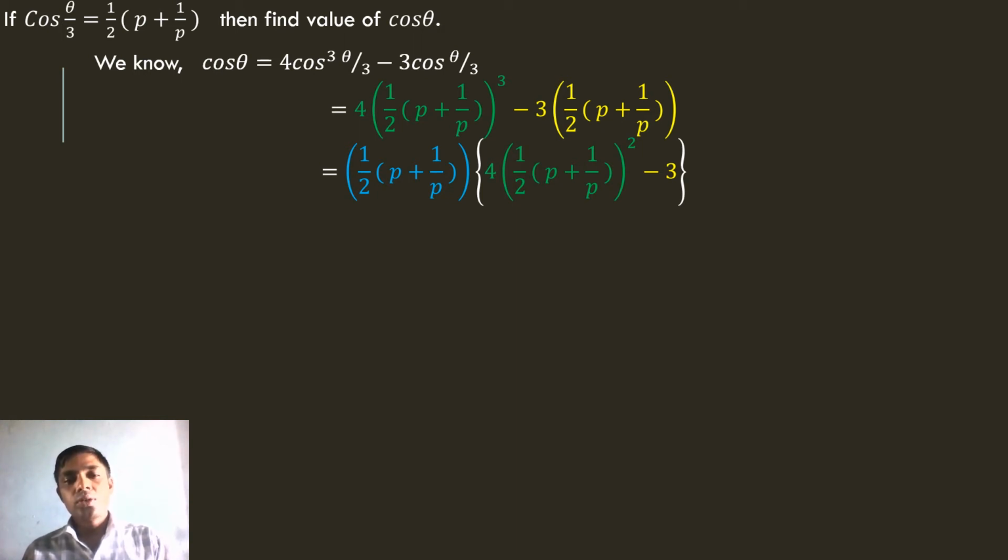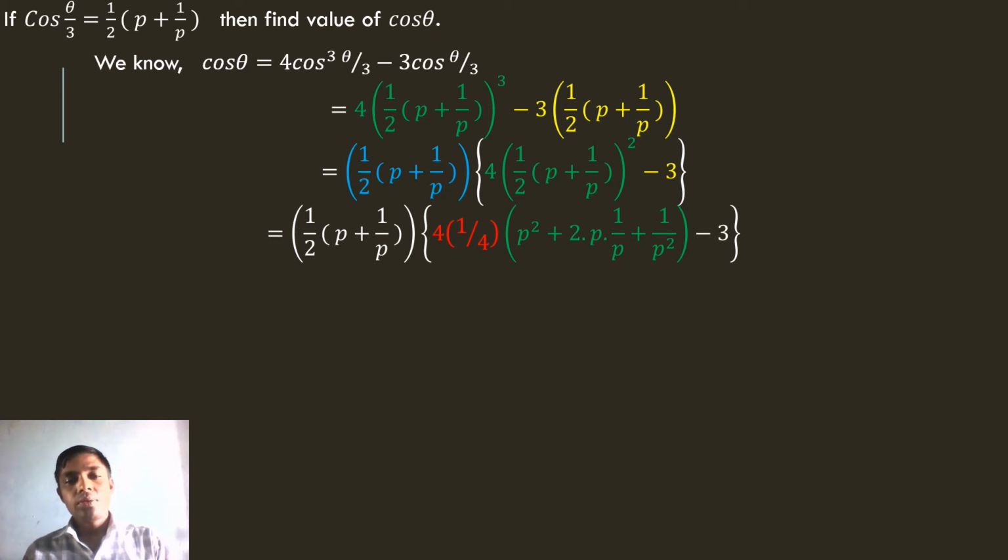So now we'll open this using the whole square formula. This is as it is, 1 by 2 times p plus 1 by p, and in the curly bracket 4. Now it will open as 1 by 4 times p square plus 2p into 1 by p plus 1 by p square, and outside there will be minus 3 as it is.